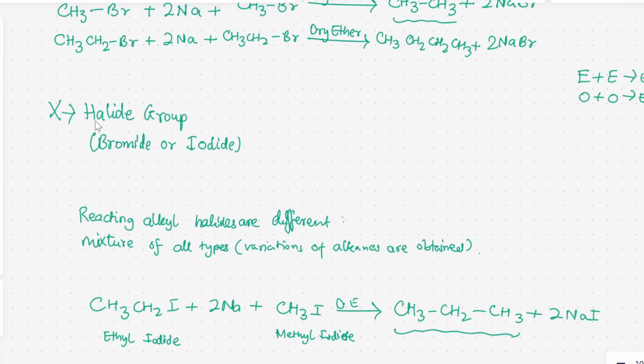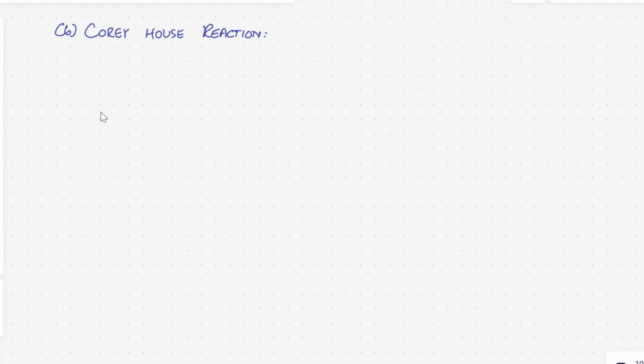So in Corey-House reaction, the alkyl halide is first treated with lithium metal in dry ether.